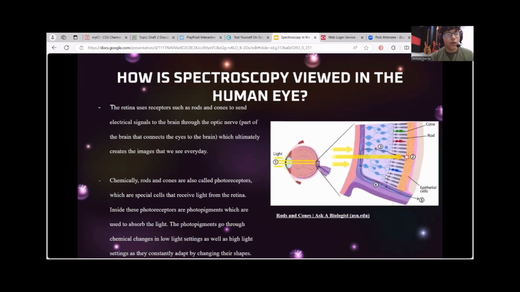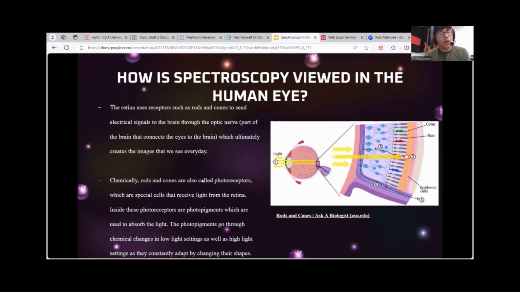The retina uses photoreceptors such as rods and cones to send electrical signals to the brain through the optic nerve, which connects the eyes to the brain and ultimately creates the images that we see every day, right? You're literally using it right now as you're seeing this presentation, because if it wasn't for these rods and cones, our eyes wouldn't be able to see the things we see every day.